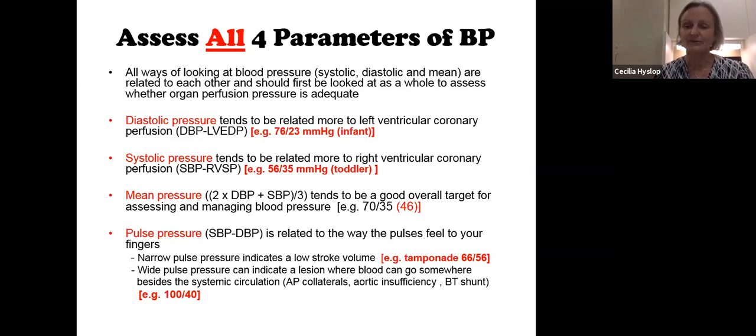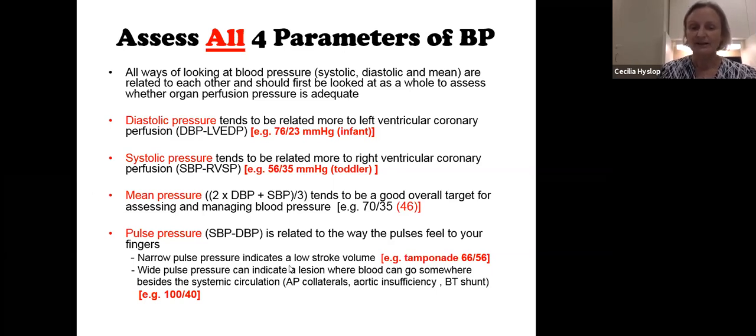Those cause your vessels to vasoconstrict and your heart to pump harder, but unfortunately your heart is compressed. So your diastolic blood pressure comes up because your vessels are vasoconstricted, trying to get the blood to your brain and your heart, the most vital organs, at the expense of many of your other organs. The pulse pressure, the difference between the systolic and diastolic in this example, is only 10.